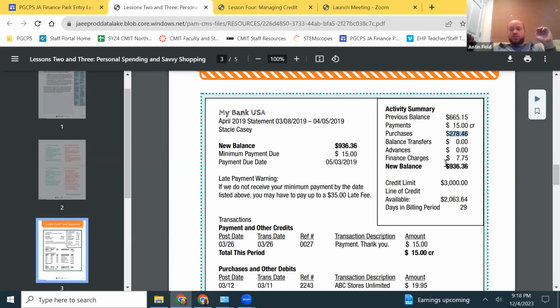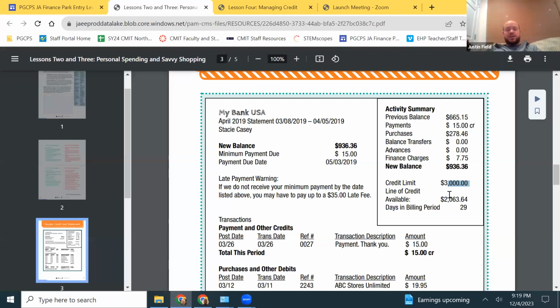Now, you see what Miss Stacy Casey did was she's paying $15, and then she's spending $278. She thinks she has free money, and now she has a $936 balance, and she has a $3,000 limit. So Miss Stacy Casey thinks she has $3,000, but she does not.